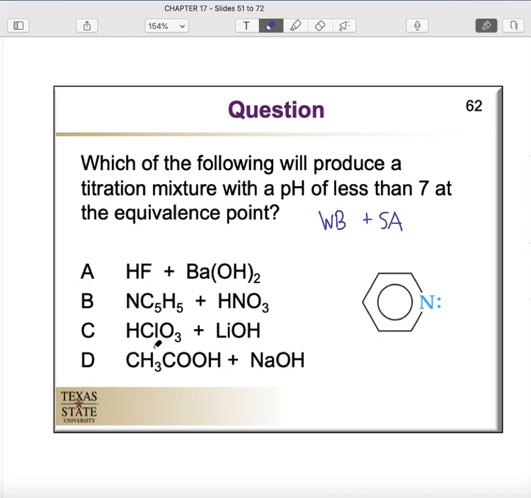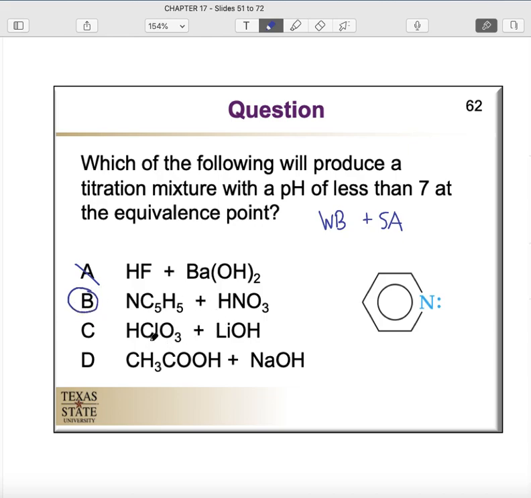And so again, our job is to figure out which of these actually matches that. First one, we have a weak acid with a strong base, so that's not it. Second one, this right here is pyridine, which we had talked about before, and we said that that was a weak base. So that's looking good. And then that's reacting with nitric acid, which is a strong acid. So that right there is a perfect choice.